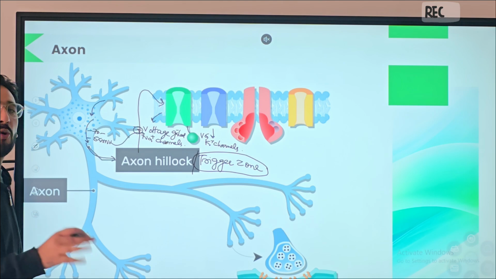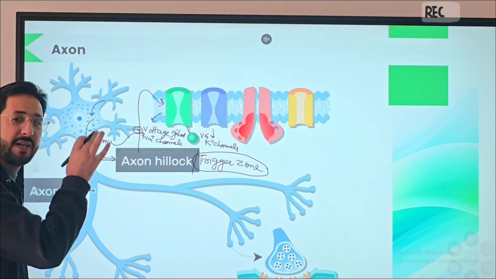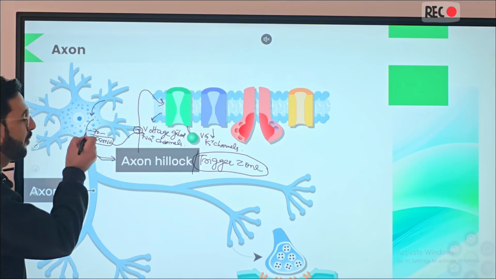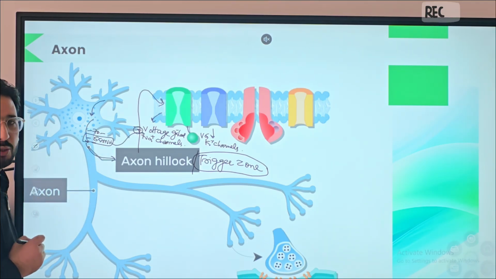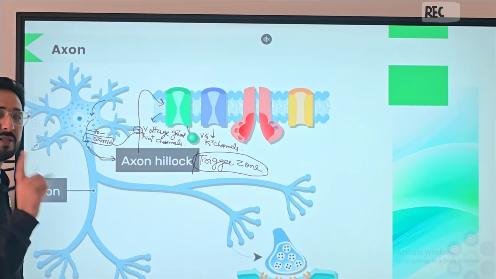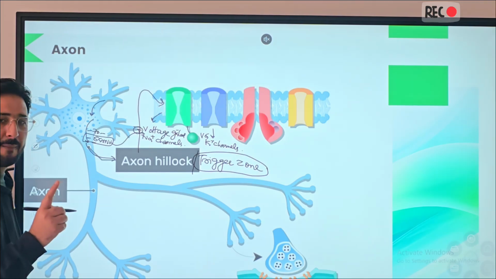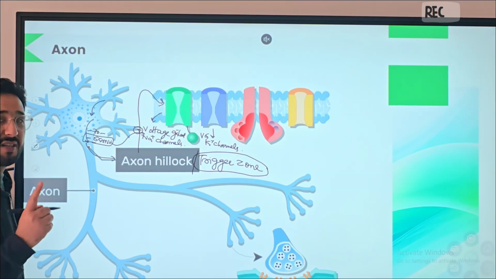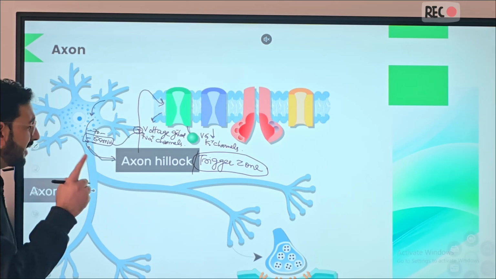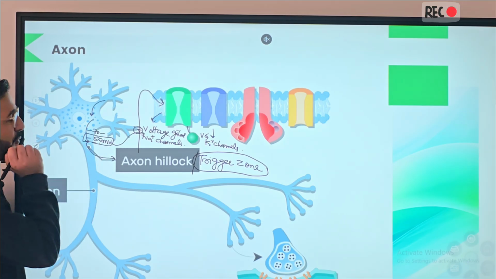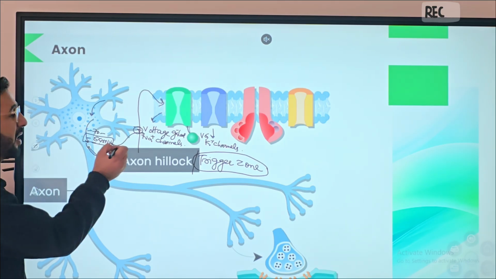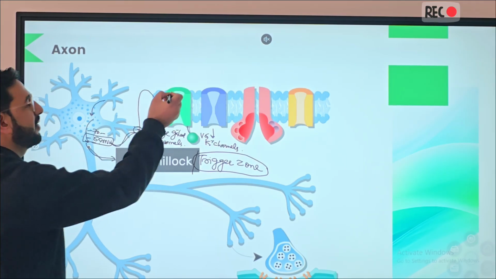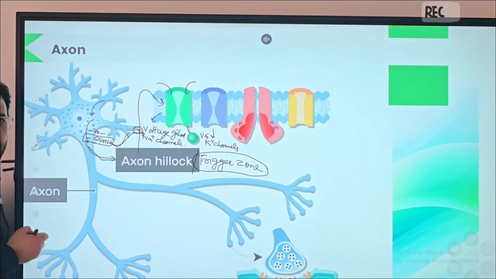And that particular voltage, in the case of voltage gated sodium channels, please remember, is -55 millivolts. That is why we call it threshold potential. That means once the threshold potential is reached, nothing can stop the neuron from generating the action potential, because this -55 millivolts will reach the axon hillock, stimulate the voltage gated sodium channels, and open them.